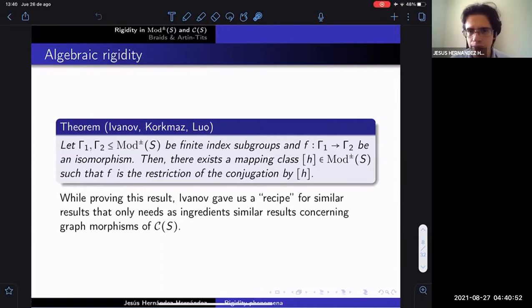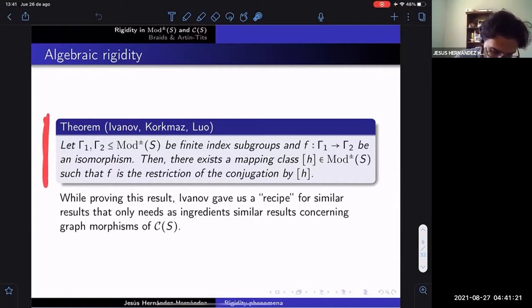It's kind of like a recipe. So in this recipe, you have the ingredient of certain generalizations of the result of the automorphism group of the curve graph. And by doing the steps in the recipe, what you obtain is this kind of result of algebraic rigidity.